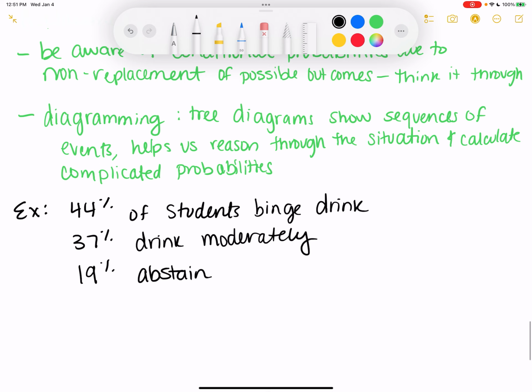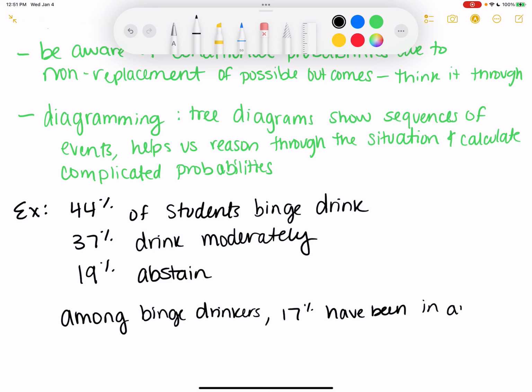And 19% abstain. So then the next thing that comes with that, among binge drinkers, 17% have been in an alcohol-related accident.